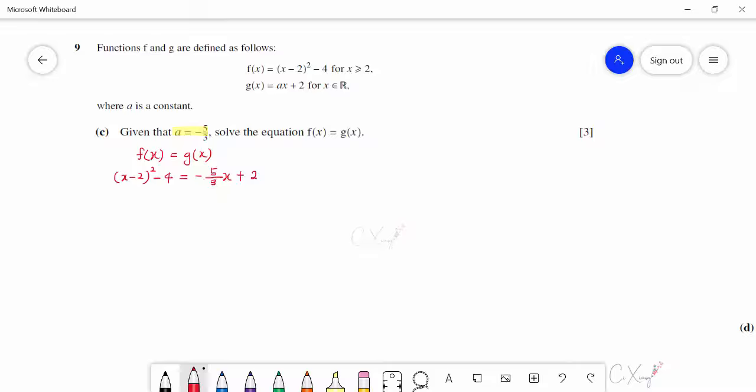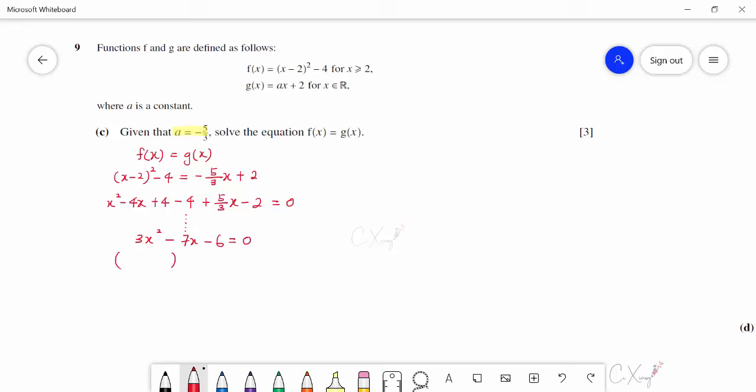I try to expand my quadratic equation, and then move all the expressions to one side and let it equal 0. If you continue to simplify it, eventually you will get a quadratic equation, which is 3x squared minus 7x minus 6 equals 0.